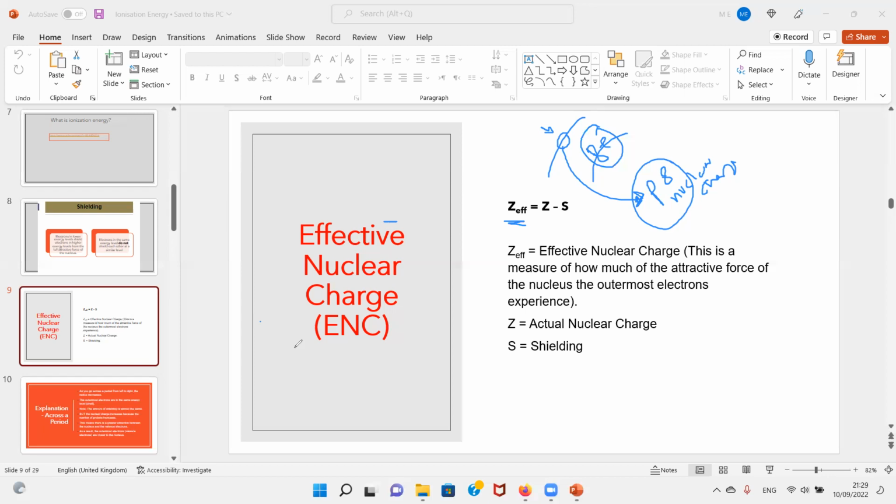Therefore, it becomes easier to remove these electrons from the valence shell. The effective nuclear charge is how much the outermost shell electron feels from the nuclear charge after you subtract the shielding effect.